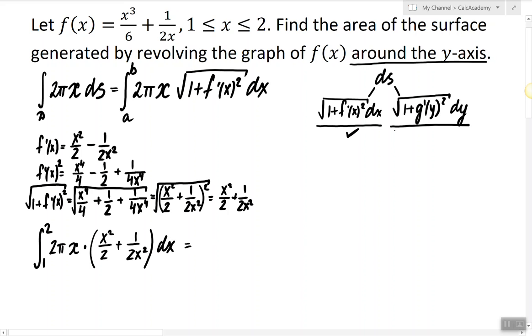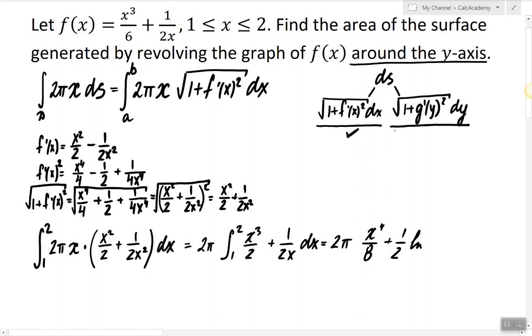And the rest is just figuring out what the integral is. So 2 pi can be factored out, x can be distributed, so we have integral from 1 to 2 of x cubed over 2 plus 1 over 2x with respect to x, and the antiderivative of this will be x to the 4 over 8 plus 1/2 ln x from 1 to 2.